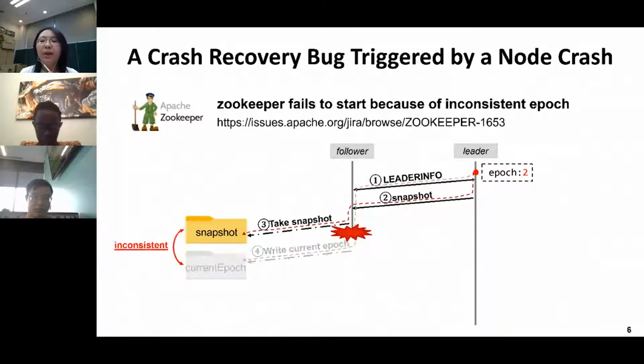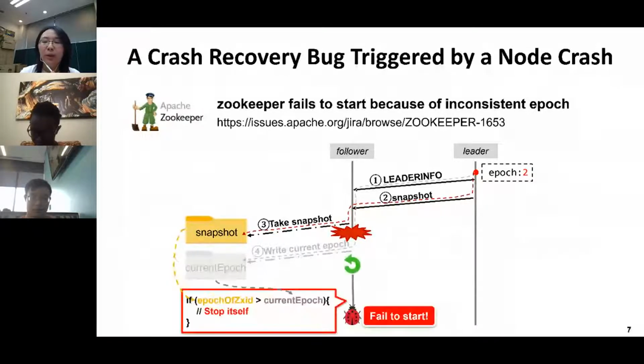When the follower crashes between operation 3 and operation 4, the newest epoch value stored in the snapshot file and the epoch value stored in the current epoch file will be inconsistent. When we restart the follower node, it will read inconsistent epoch values from these two files and kill itself. Therefore, a crash recovery bug occurs.